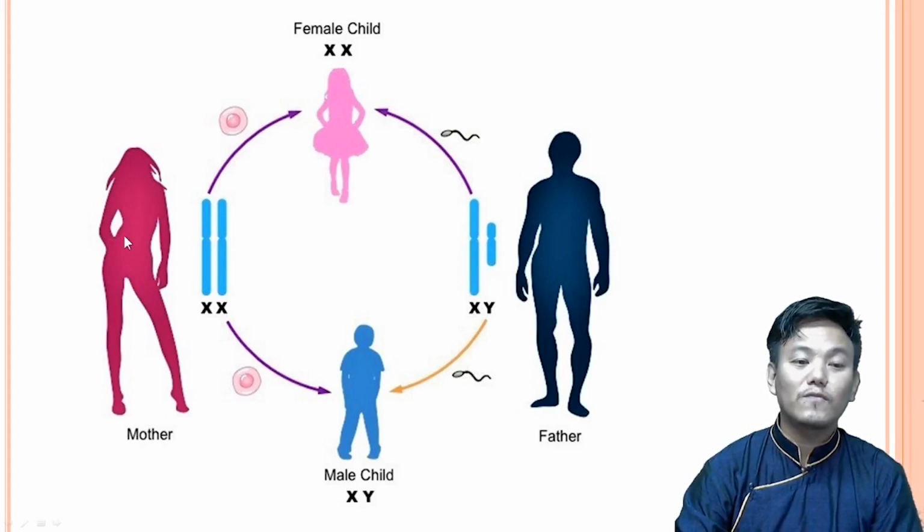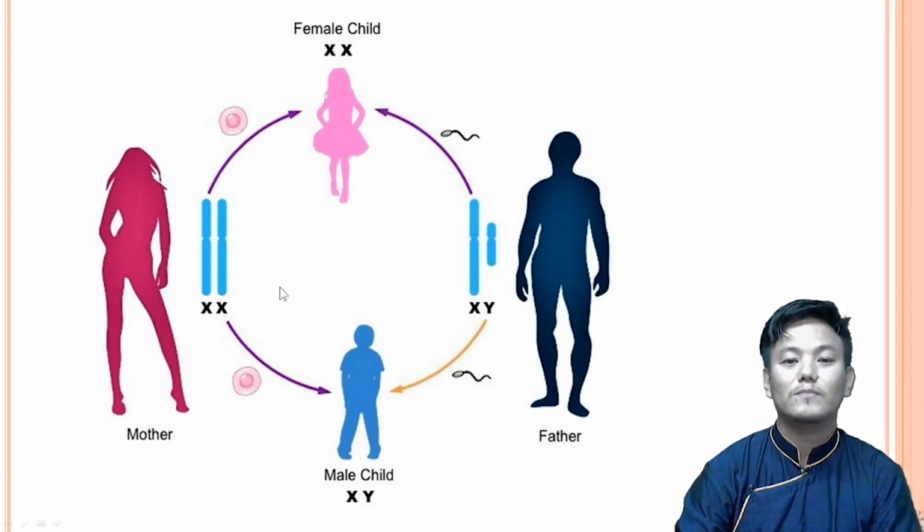Whereas in human females, all the eggs produced will carry the X chromosome. So when this sperm, which is carrying the X chromosome, fertilizes the egg, the resulting child will be a baby girl or a female child. Why?